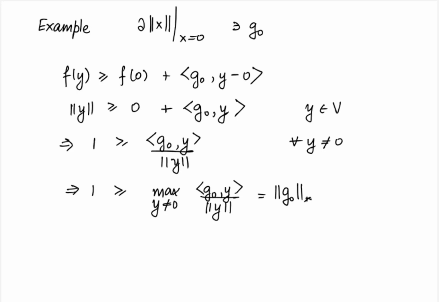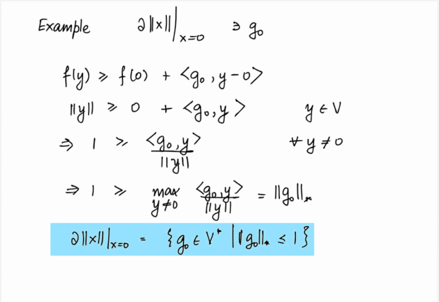That is, any vector in the unit norm ball in V star is a subgradient. So the subdifferential set of the norm of x at x equal to 0 is equal to the set of all g_0 in V star such that the dual norm of g_0 is less than or equal to 1.